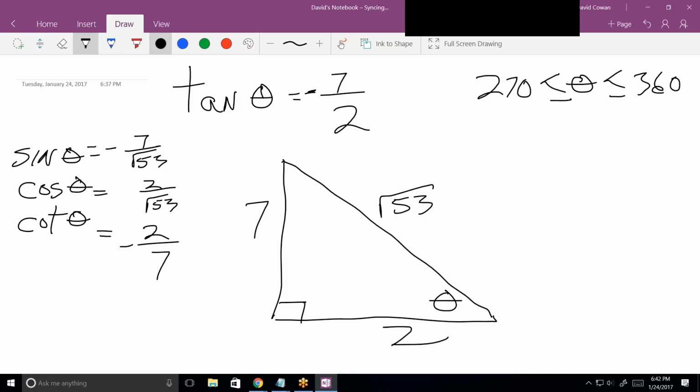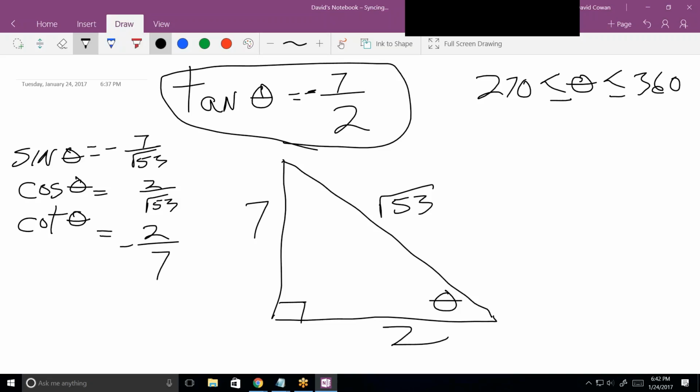But I'm glad this came up, because they may give you a negative number to start with, and that might throw you off a little bit, because whenever you're looking at triangles, everything's positive, right? That's okay. You don't need to pay attention to the negative sign, especially if they tell you what quadrant it's in.